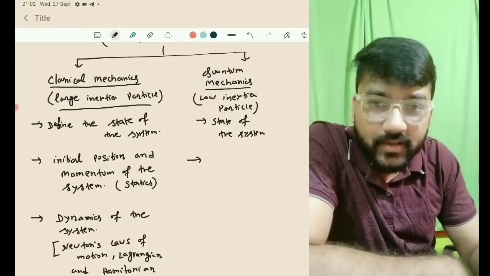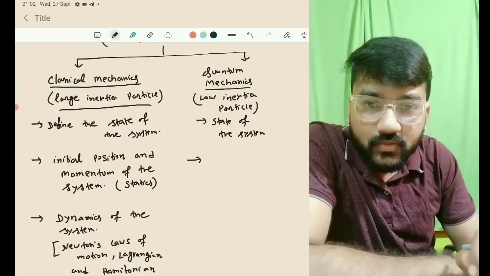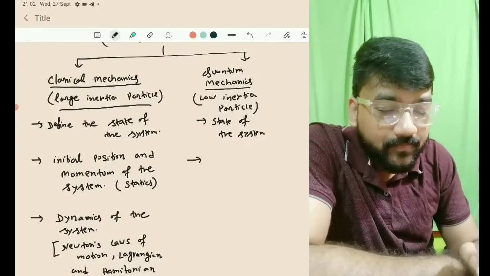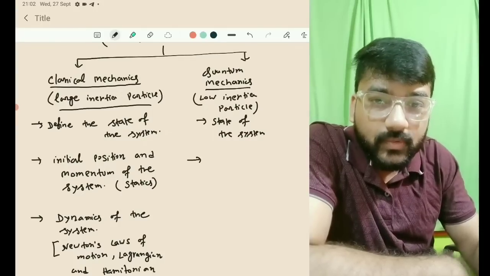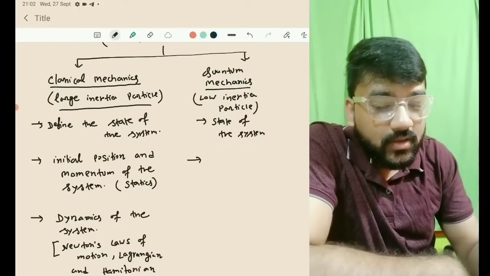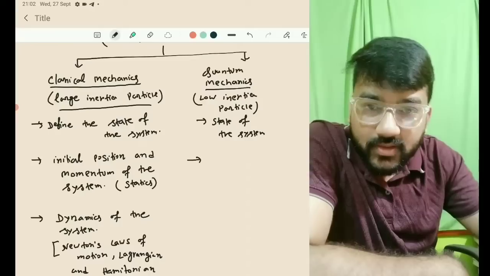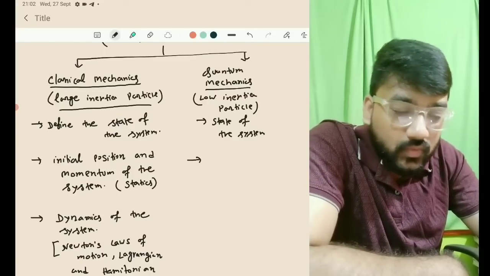There is an uncertainty in position and momentum, but in classical mechanics there is no uncertainty, so we can easily define the initial position and momentum. That's why here we need a probabilistic approach by using the wave function psi. So the state of the system means the wave function psi, the ket vector psi, which we have discussed already in mathematical tools.